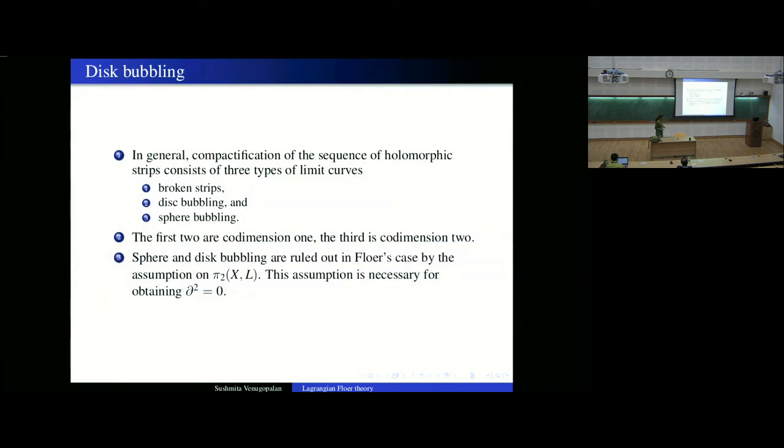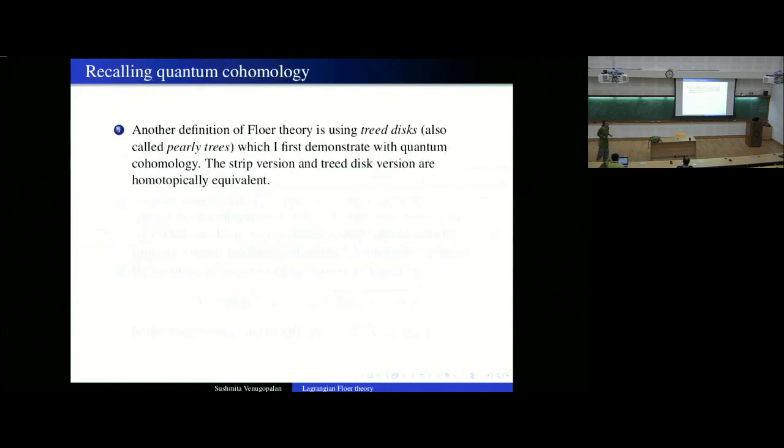In order to do that, we need somewhat specialized domain curves. To motivate these domain curves, I go back to quantum cohomology. So my domain curves, instead of just simple disks, are going to be tree disks. These are disks with some tree segments attached to them, also called pearly trees in the literature.